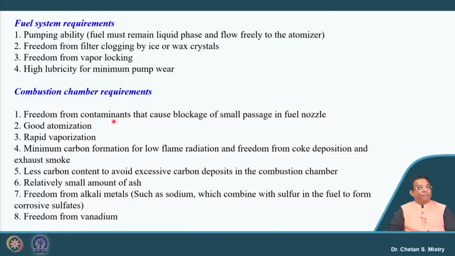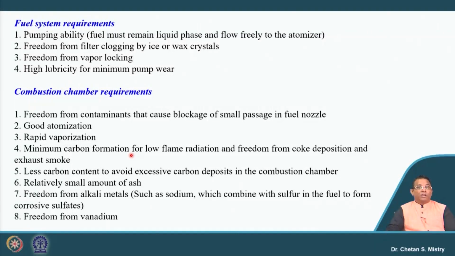It should get vaporized rapidly. At the same time, it should not form carbon, otherwise it will act like a clog to my flow. Less carbon content is needed to avoid carbon deposits, as we discussed. A relatively small amount of soot should come out, because these soot particles will strike the next component, the turbine, which has a cooling mechanism.